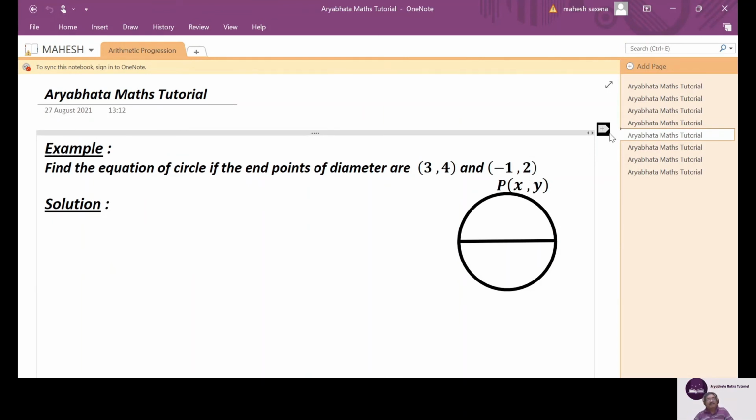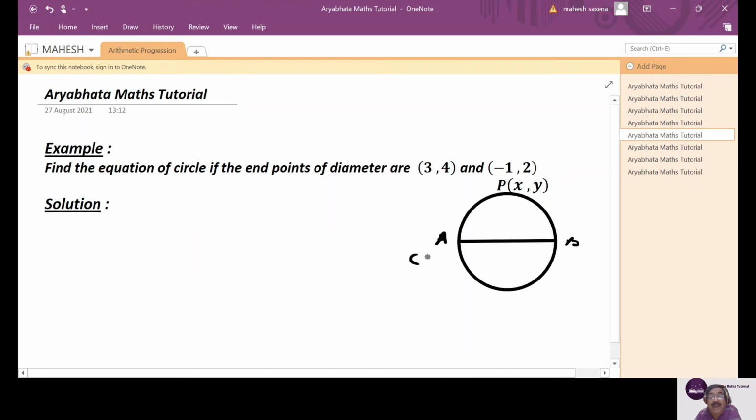Now we take an example. Find the equation of the circle if the end points of the diameter are 3, 4 and minus 1, 2. Let this AB be the diameter whose end point is 3, 4 and second is minus 1, 2. Now we take a general point P on the circumference of the circle and join this PA and PB.